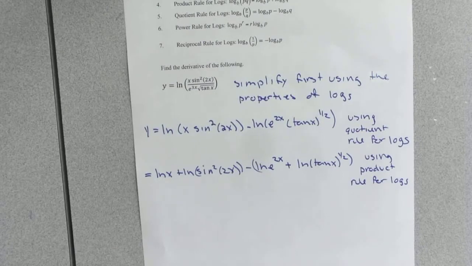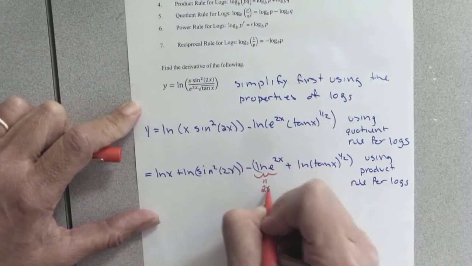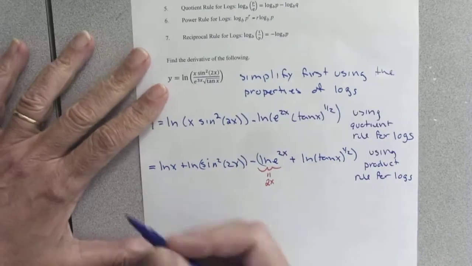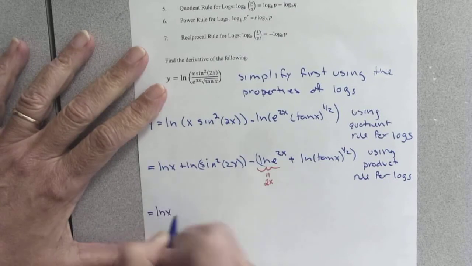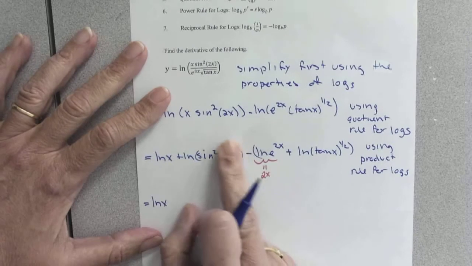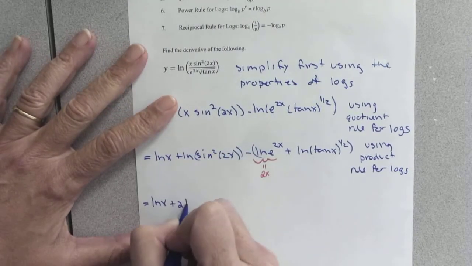And now all those exponents can come down in front, and we can recall here that that's just going to be 2x. Natural logs and e's are inverses. So writing one more time, there's an exponent. Remember, that means it's on the entire sine of 2x. So that 2 can come down in front.